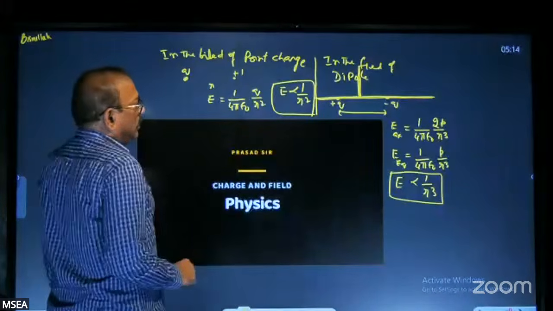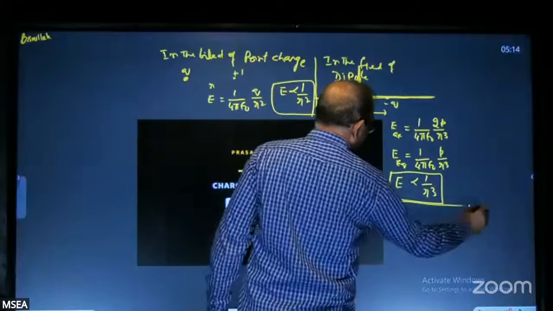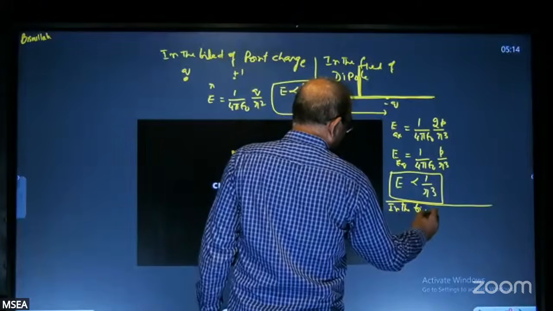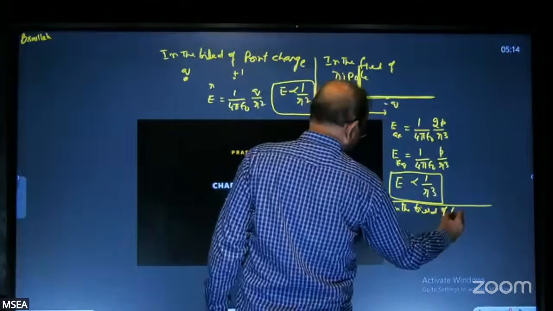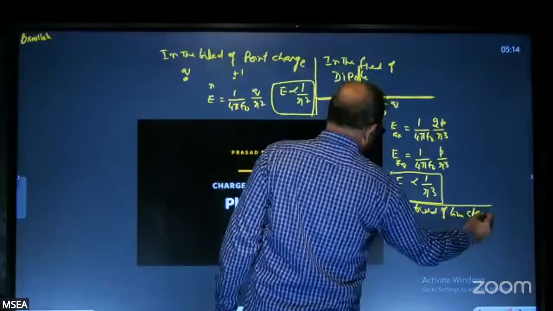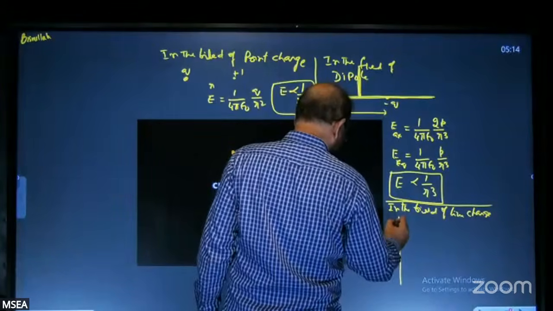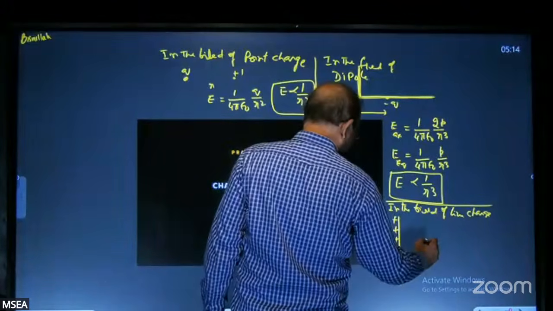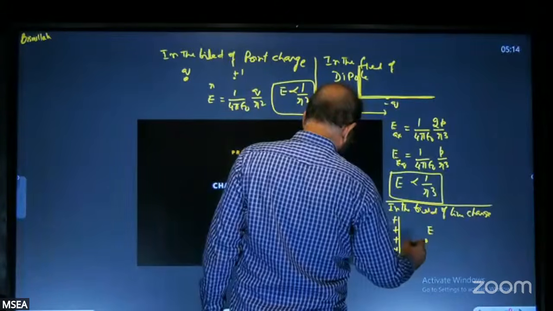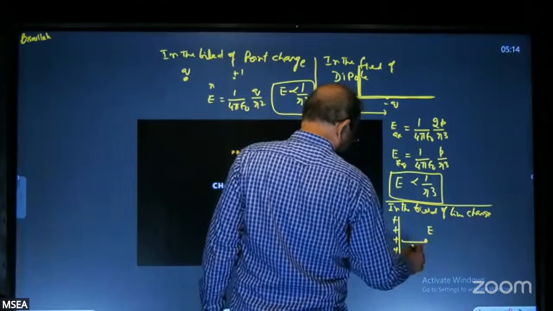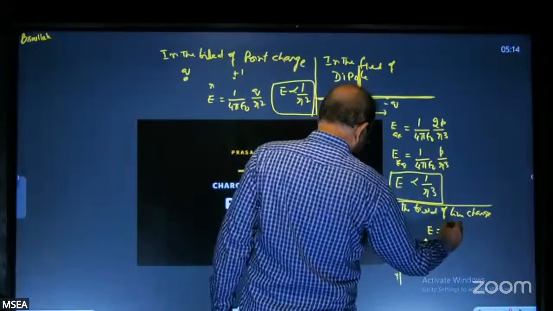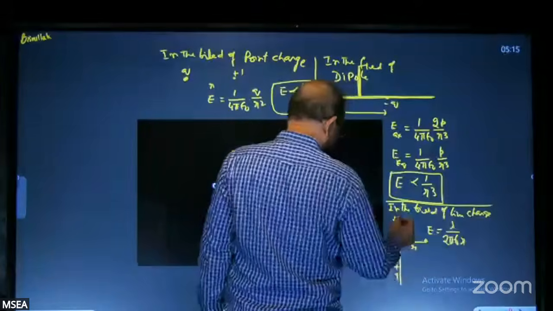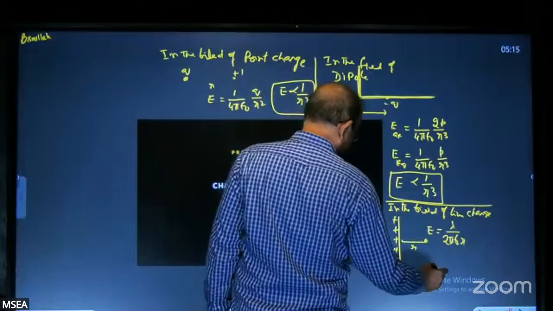And in the field of a line charge, suppose you have a long charged wire. In the field of this long charged wire, intensity at a point which is at a distance r is lambda by 2 pi epsilon naught r, where lambda is the charge per unit length, the linear charge density.